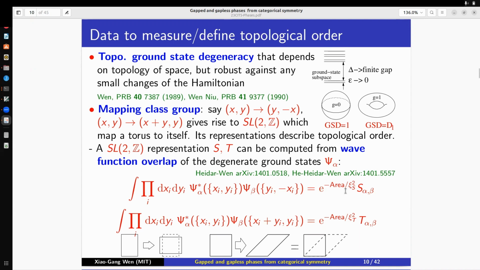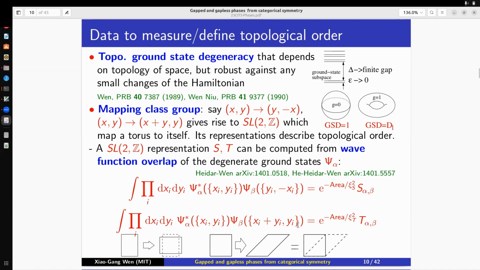It's very tiny. But just like the topological entanglement entropy, if you remove the leading term, the area-dependent term, the subleading constant term turns out to be universal. This is the so-called S matrix. So the S matrix can be computed quickly by this wave function overlap.